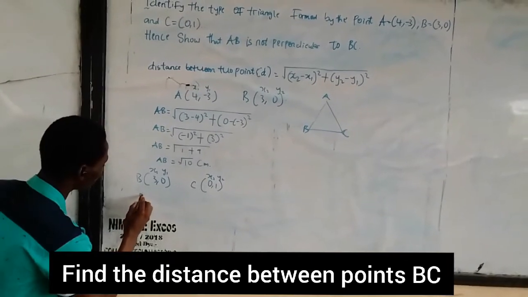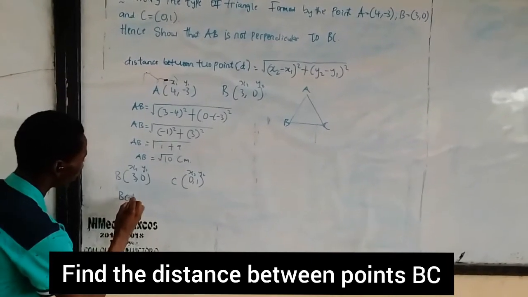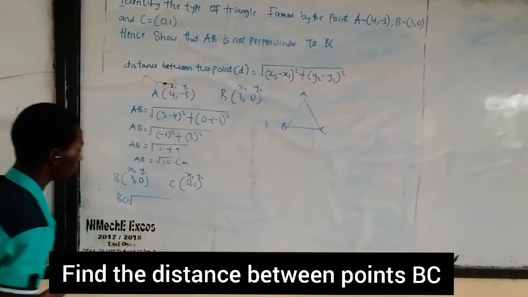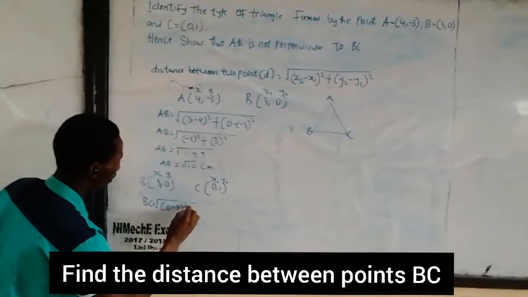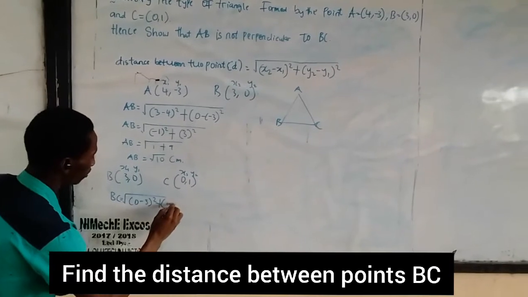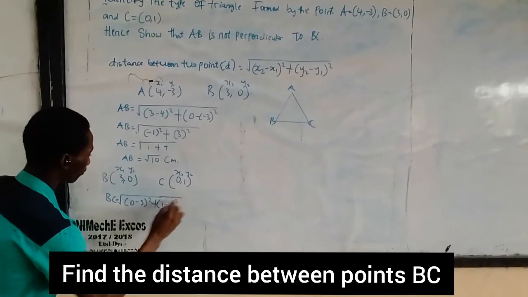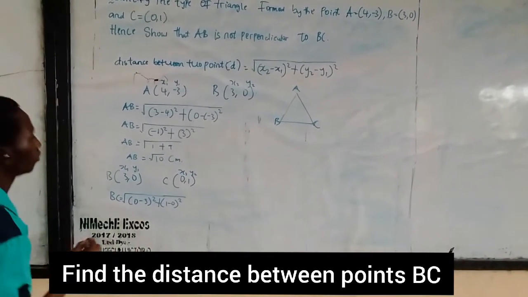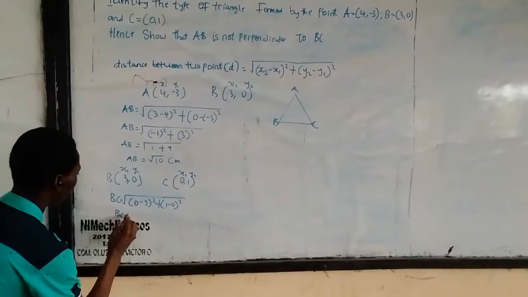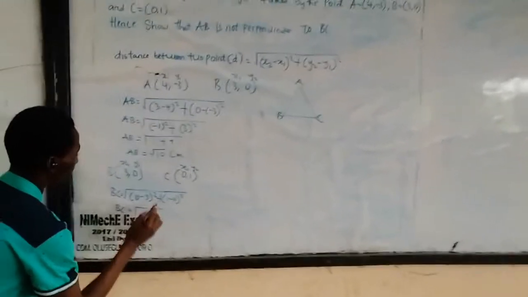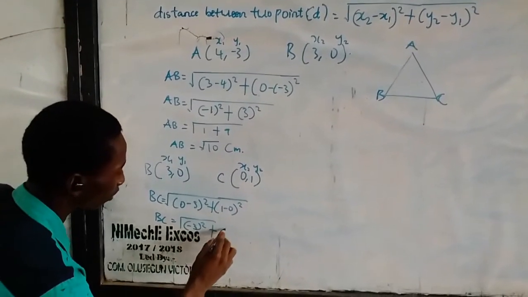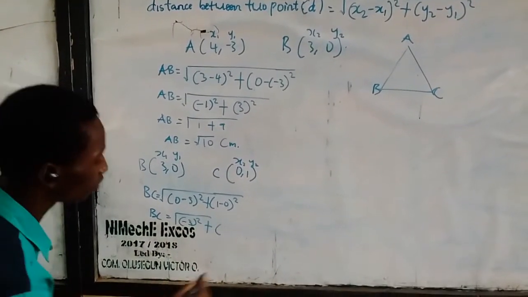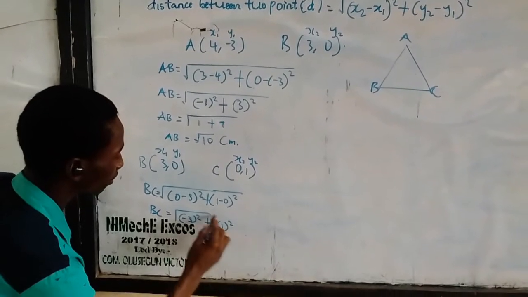So the distance between B and C is equal to the square root of (0 minus 3) squared plus (1 minus 0) squared. So we have BC: 0 minus 3, we have minus 3 squared, plus 1 minus 0, we have 1 squared.